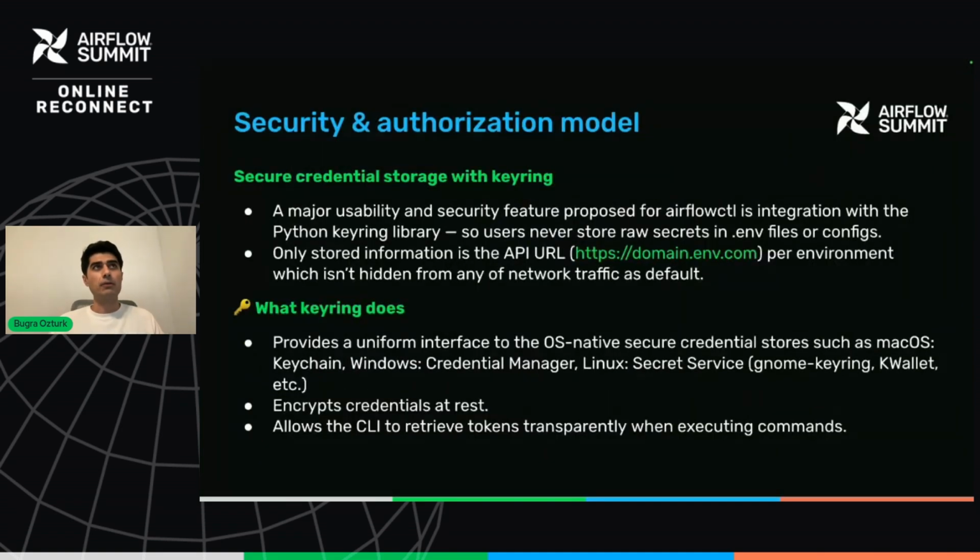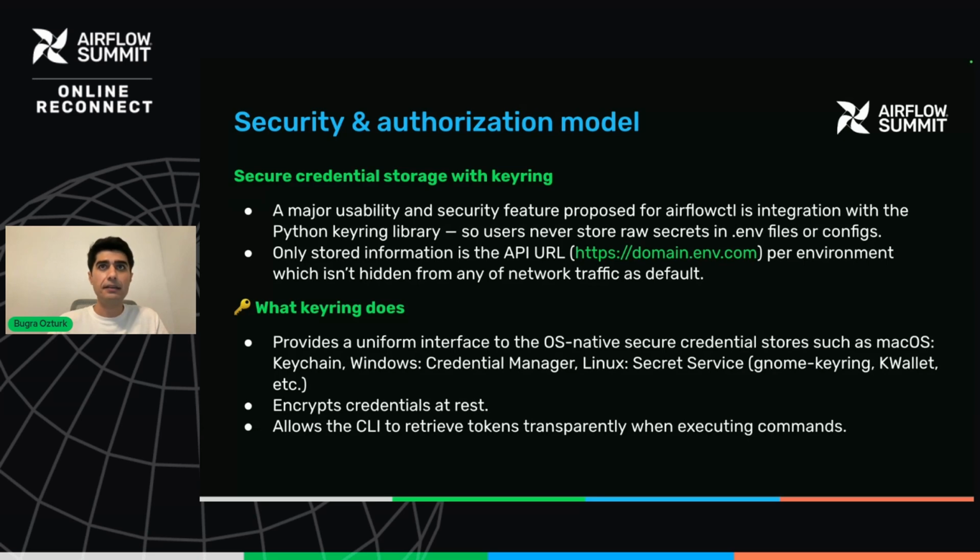Let's talk a bit more about the security and authorization part, because we spent a bit more time on this to enhance it and make it enterprise-grade security. One important thing to keep in mind is that no credentials are stored in any of the files, or any state on the file system, or basically anywhere other than the keyring.